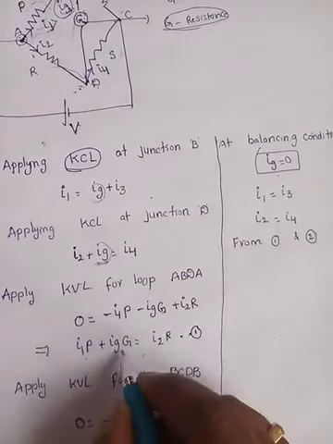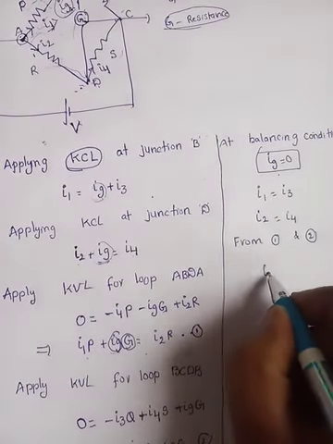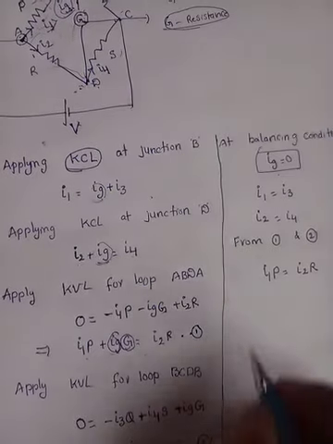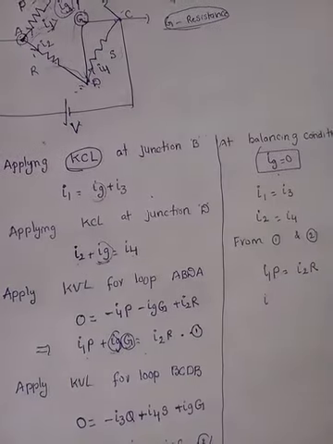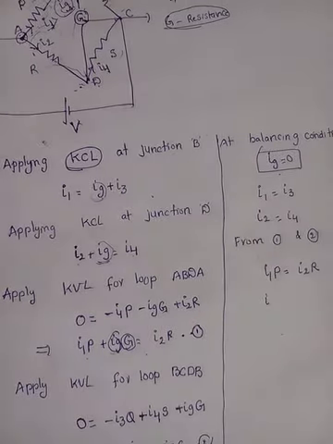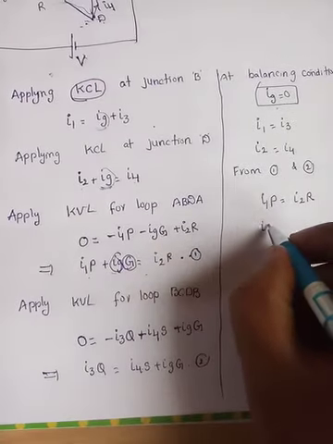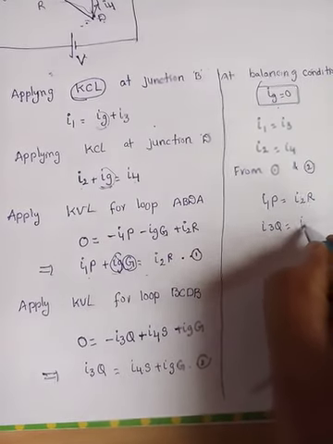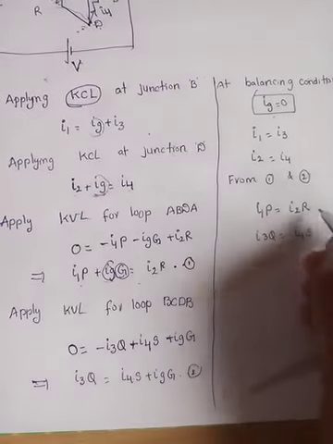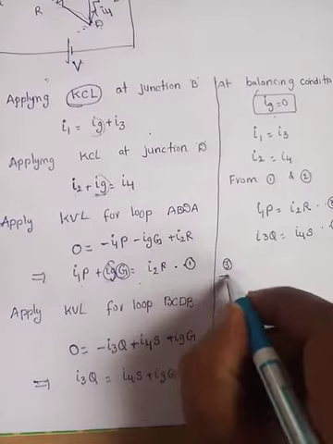What you get? Ig is 0, means that total term is 0. What you get? I1P is equal to I2 into R. Similarly, I3Q is equal to I4 into S. So now divide these two equations, 3 by 4.